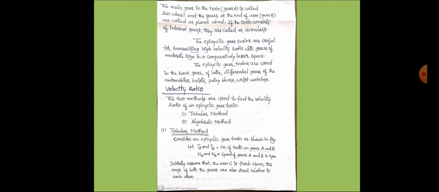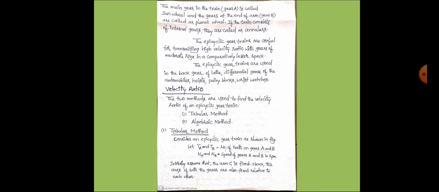Here gear A and gear B both have external gears. If the gear train has gears internally, then such wheels or gears are called annulars. So this is the terminology of an epicyclic gear train.